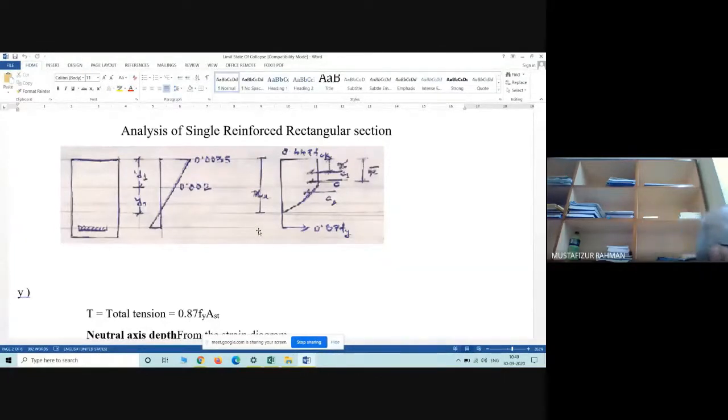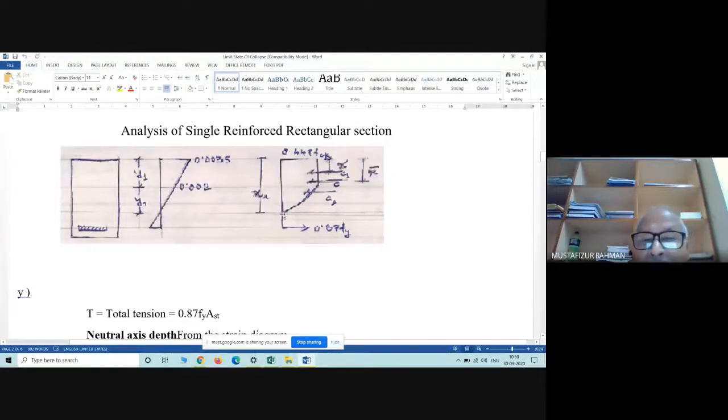Tension is resisted by steel. Concrete in the tension zone is neglected. That's why the stress diagram stops here.